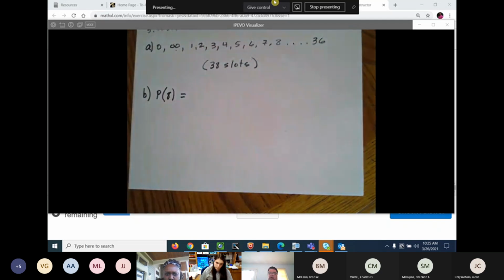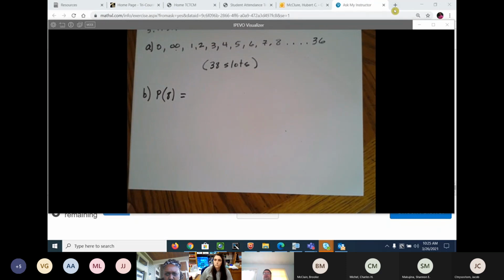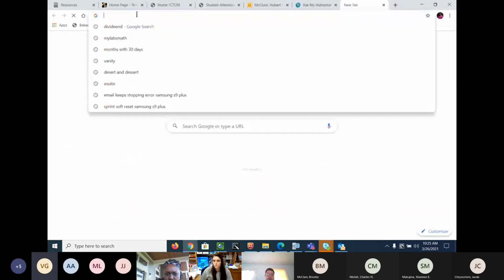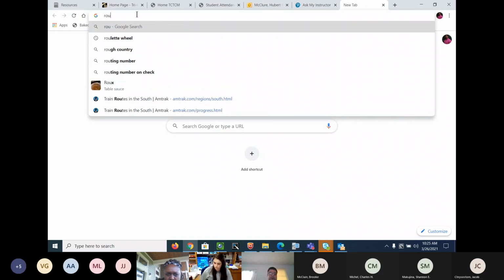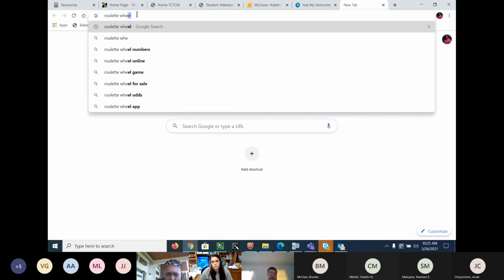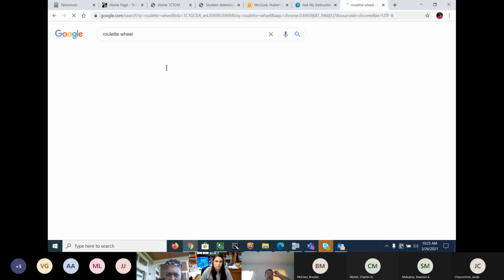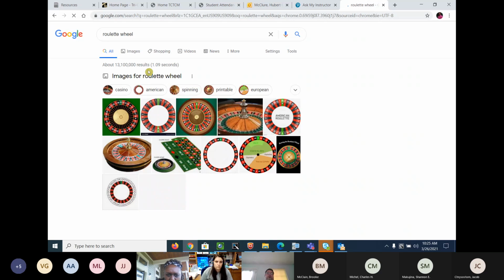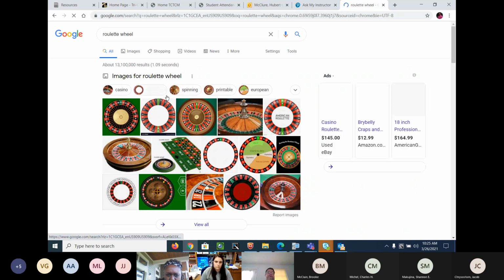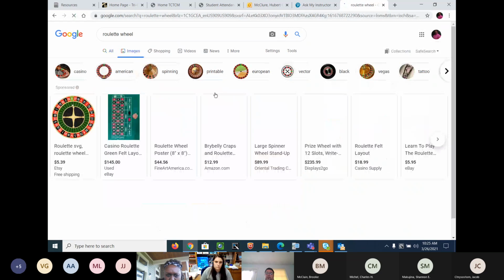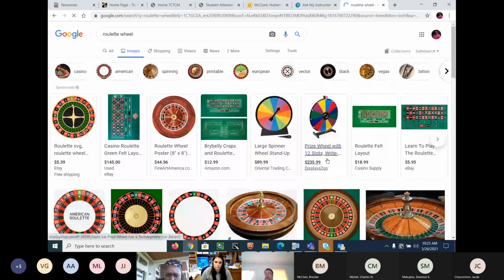Each one of these is a slot on the wheel. Let me show you the wheel, because you got to understand: 1 out of 38. Roulette wheel. There's a roulette wheel. Here's a good picture.